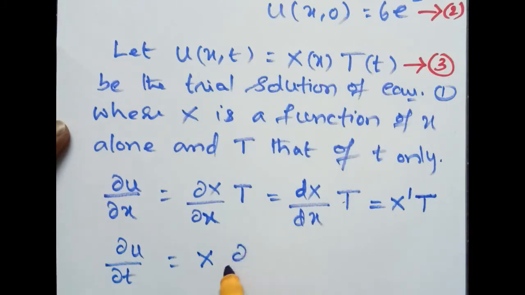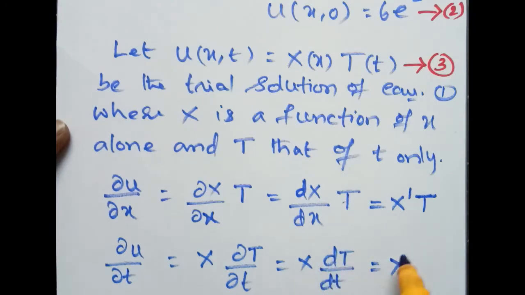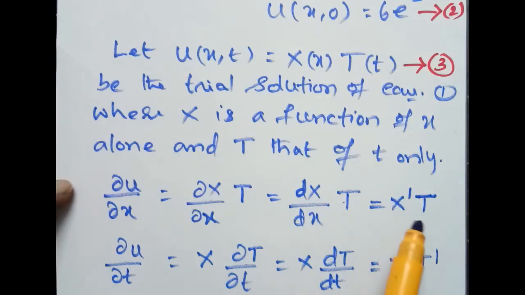Now the derivative of T with respect to t, as explained earlier, can also be written as X into dT/dt, that is X into T dash, where T dash is equal to d/dt of T, and X dash is equal to d/dx of X. Now substituting these two values, ∂u/∂x and ∂u/∂t, in equation number 1, in the place of ∂u/∂x you will get X dash into T. In the place of ∂u/∂t, we will get X into T dash.